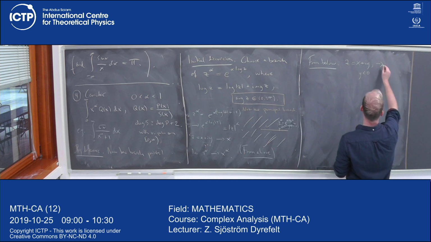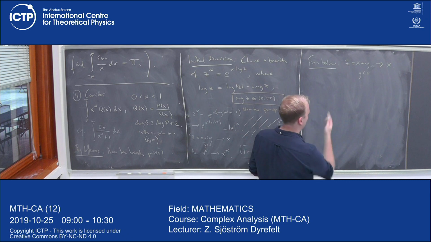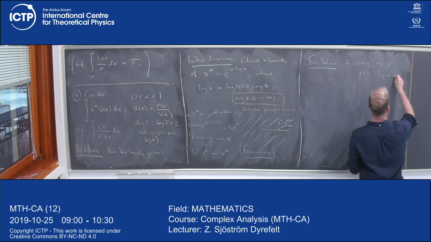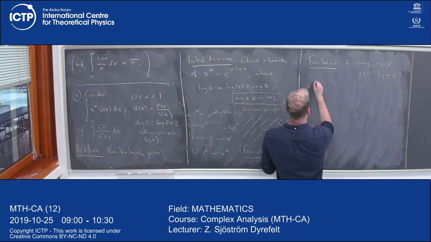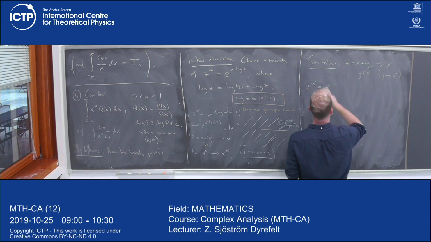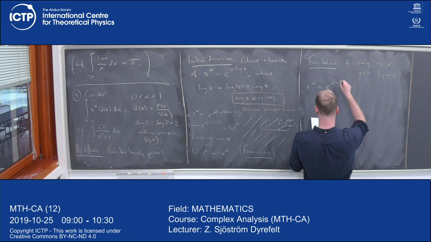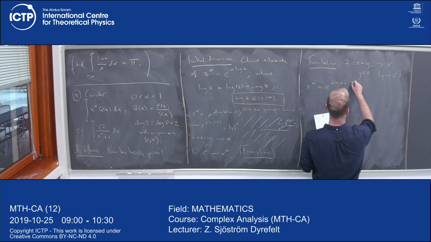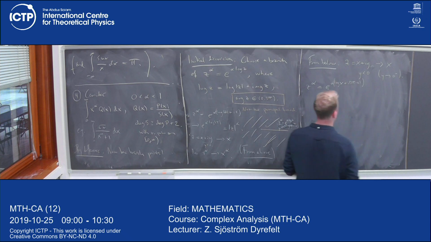If this tends to x, so y tends to 0 from below, to 0 minus, then z to the alpha is equal to e to the alpha log z, with argument 2 pi minus epsilon, something like this.